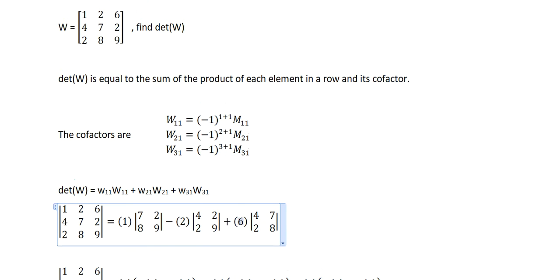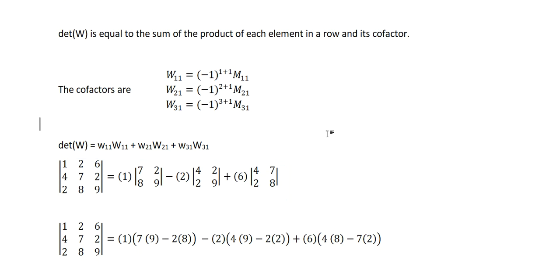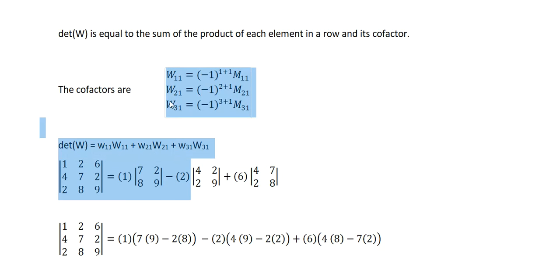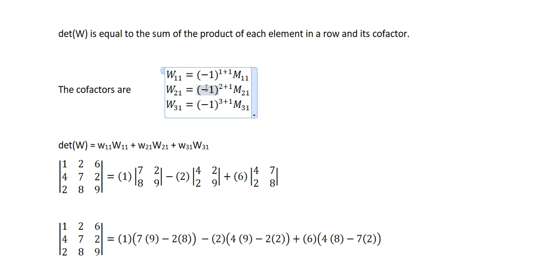And did I drop a minus on there? I did not. Oh, I see what I did. At first I thought I made a mistake. But remember, when we do this W21 here, we're going to pick up this negative sign there. Okay, so this 1 then is going to be 1 times the determinant of a matrix 7, 2, 8, 9.